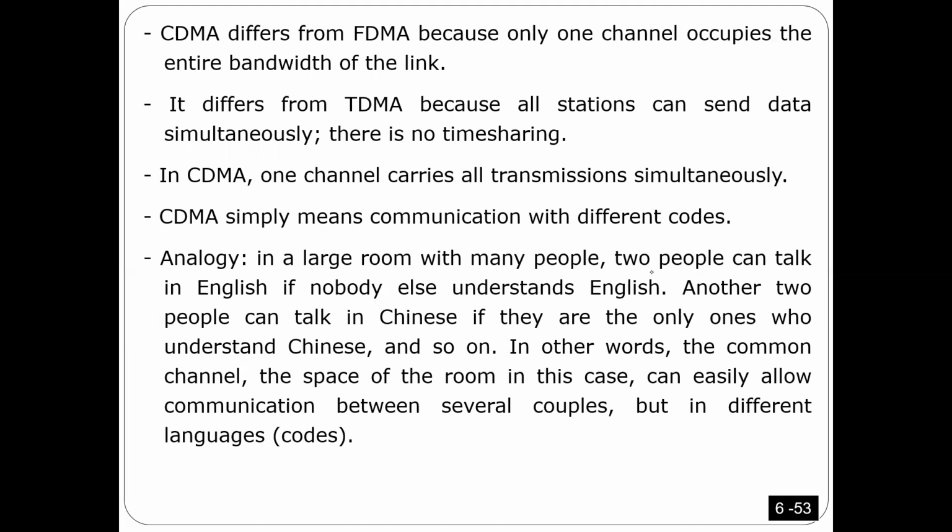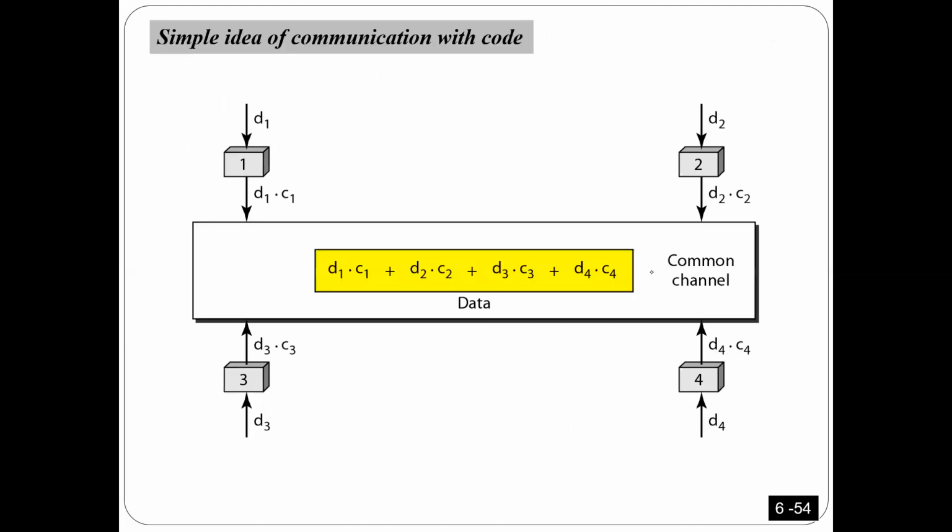Two people speaking in Chinese, because they are using the same code, since language is like a code, can understand each other and so on. This is how we can avoid collision here. Look at the idea. Everybody is going to use a different code.